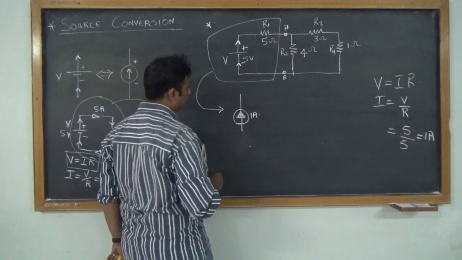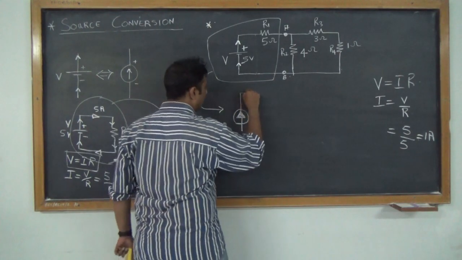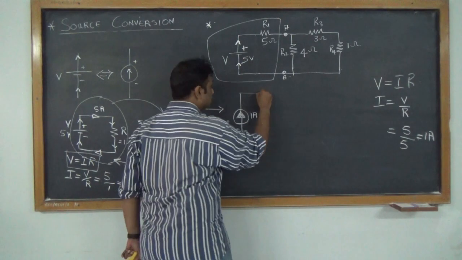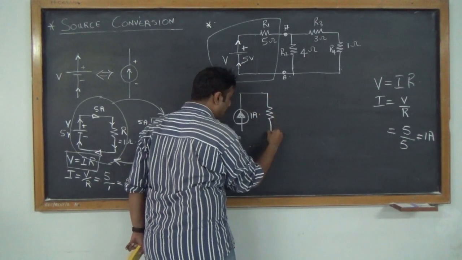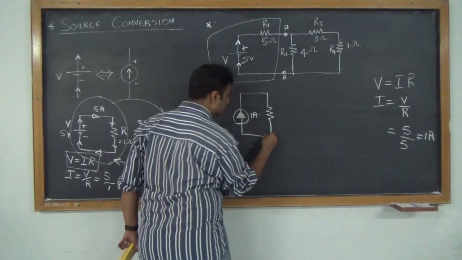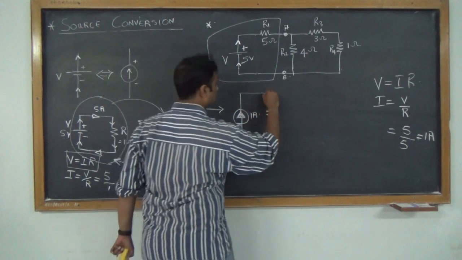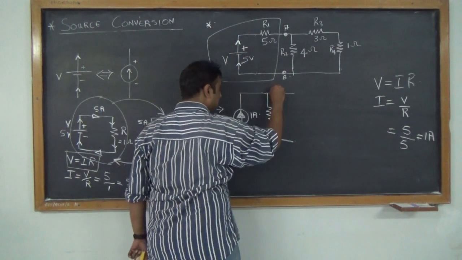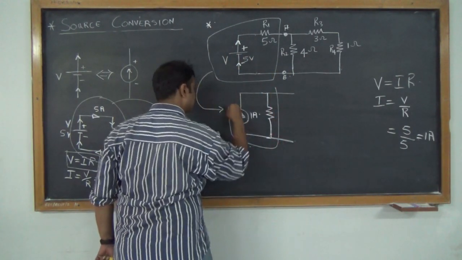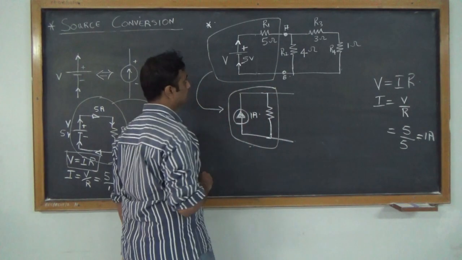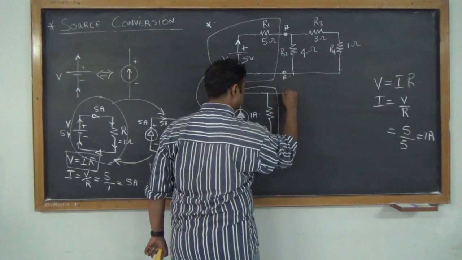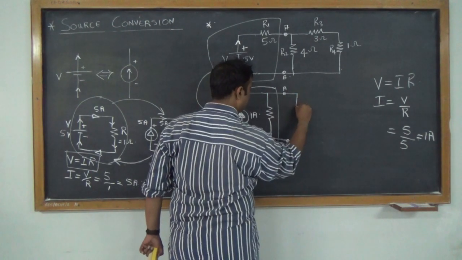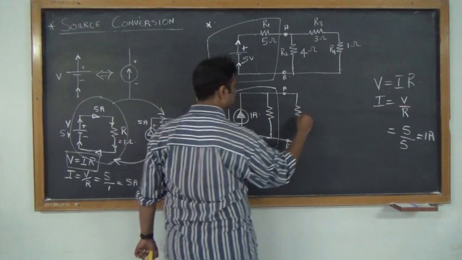So I have my 1 amp current source and your resistor should be taken in parallel to the current source. So this entire circuit is replaced by this. So this is my A and this is my B, and then everything else remains the same.